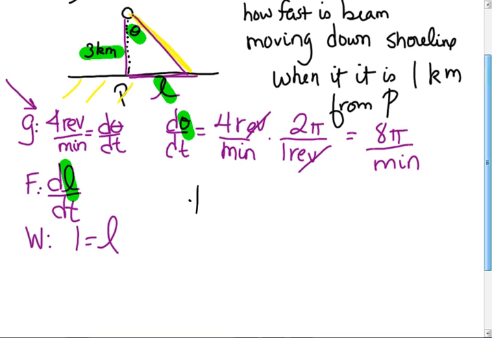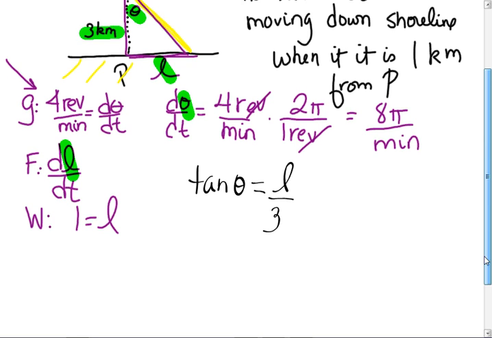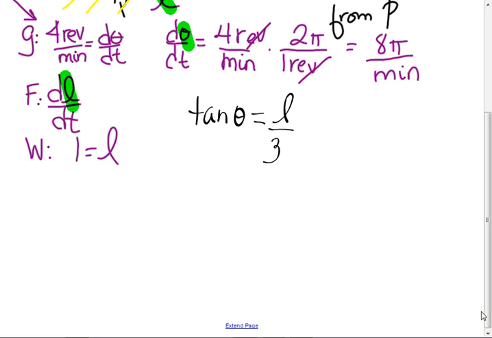So the tangent of my angle is equal to what? L over 3. You could solve for theta, but that's too hard. Why don't we just take the derivative? Do it implicitly. It's much easier.